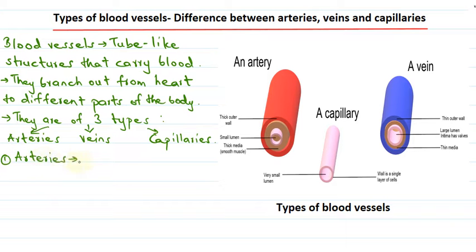So what are these arteries? So arteries are a type of blood vessels which have thick walls.